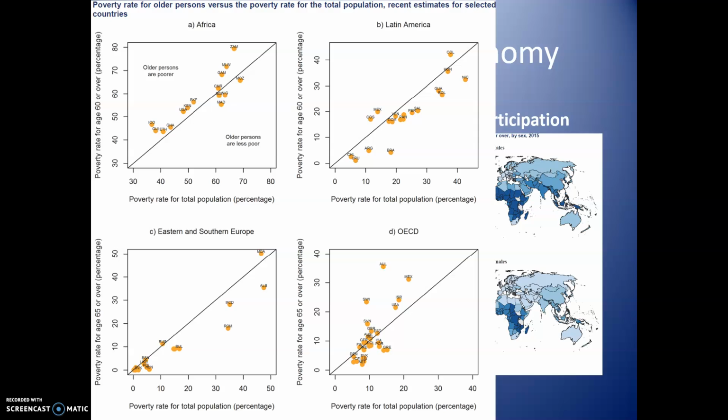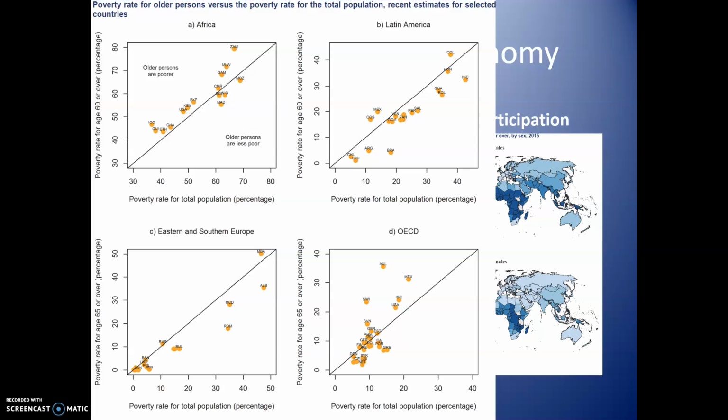So the bottom right hand corner of the graph represents that older people are less poor than the general population, whereas the top left hand corner of the graph represents that older people are poorer than the general population.